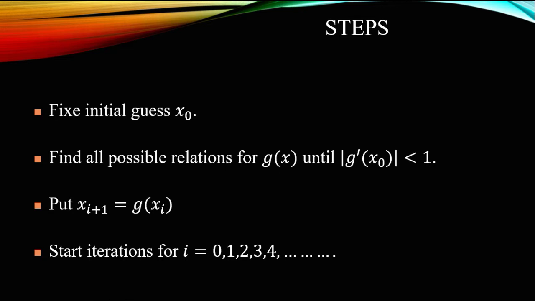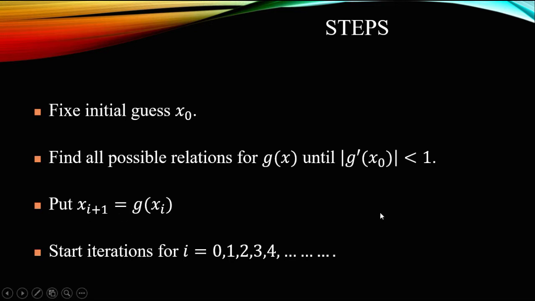You will decide g of x, the scheme generating function, such that the absolute value of the derivative of that function is less than 1. If the absolute value of g prime of x naught is less than 1, then the scheme will converge, otherwise it will diverge.